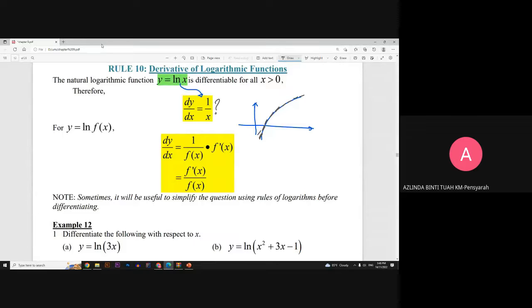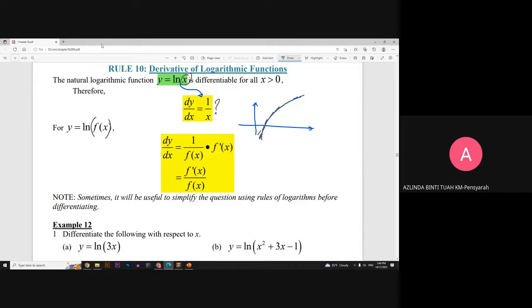Okay. Tetapi kalaulah dia punya function di sini other than x, could be x squared, x plus 4, 2x, 3x, any other function, could be linear ke, constant ke, cubic ke, or even exponent pun, dia ada 2 step.